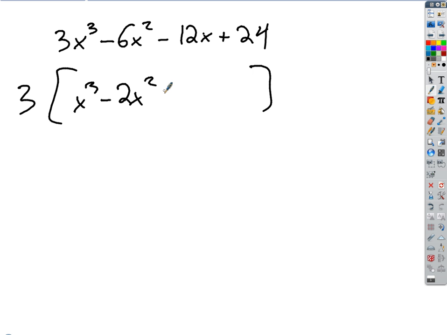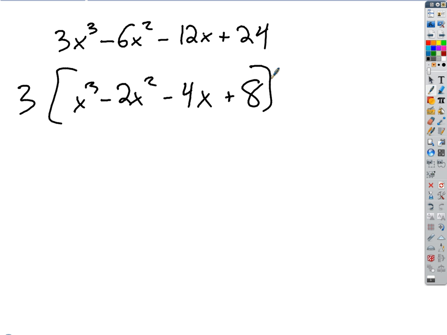Good? Everybody sees that? Because 3 times negative 2x squared is negative 6x squared. Okay, next one. 4x, how about? Okay, last one. 8.